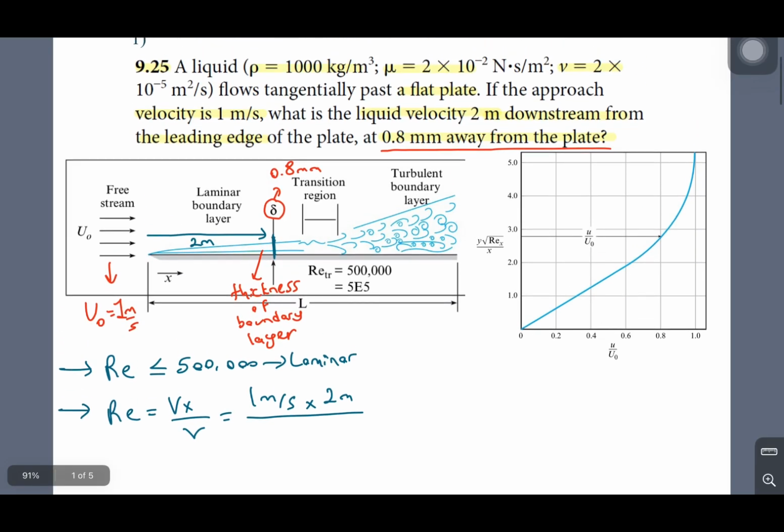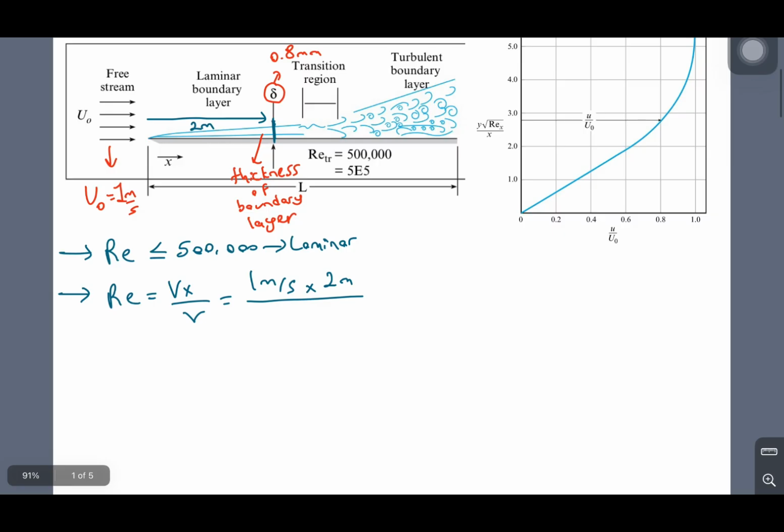Kinematic viscosity is 2 times 10 to the power of minus 5. From here we get a Reynolds number of 100,000, and this means this is a laminar flow.